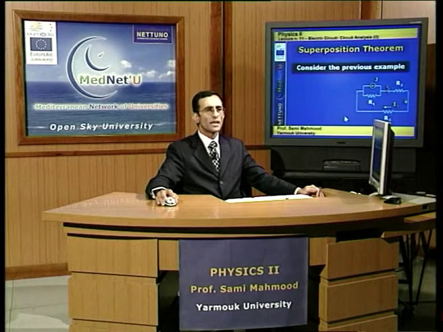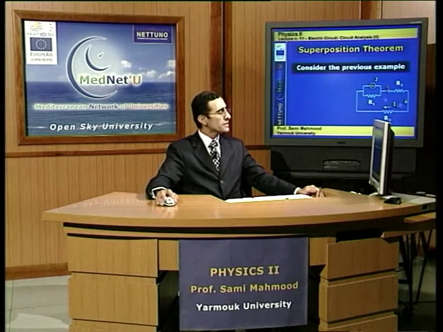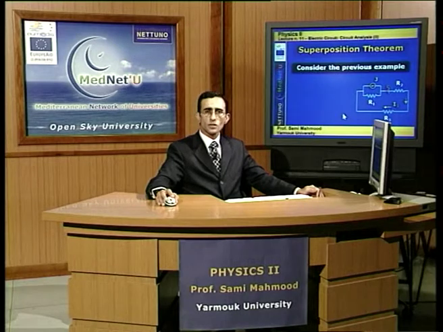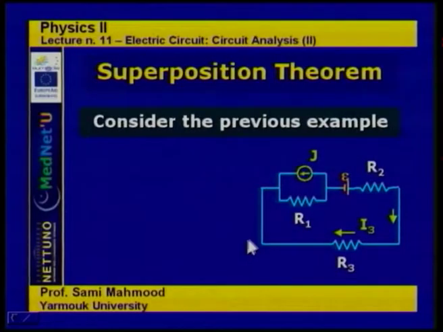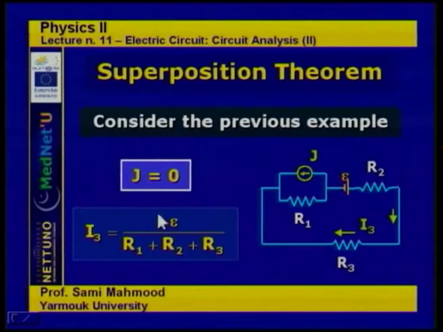As an example, consider this circuit that we have just solved using the Norton equivalent and the Thevenin equivalent. We have two sources here, epsilon and J.